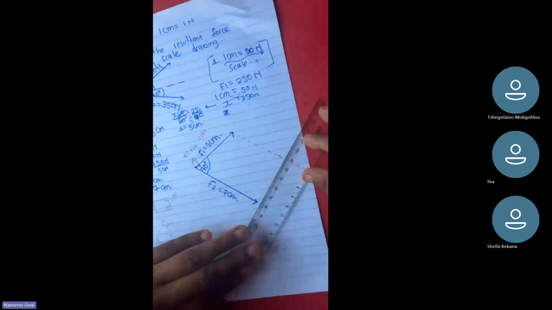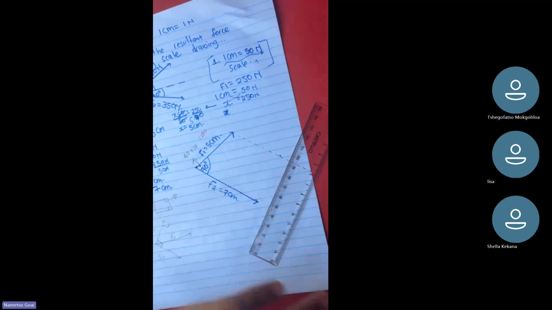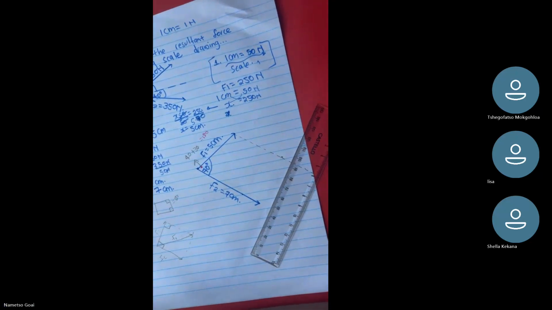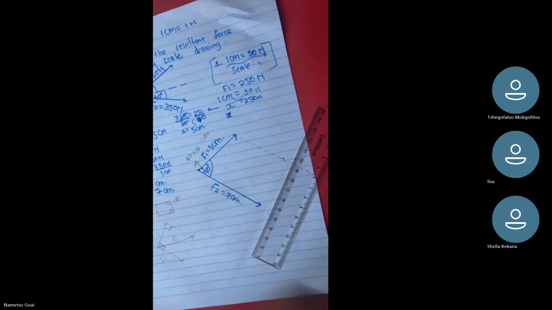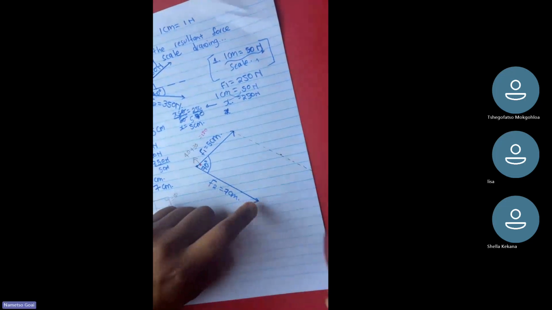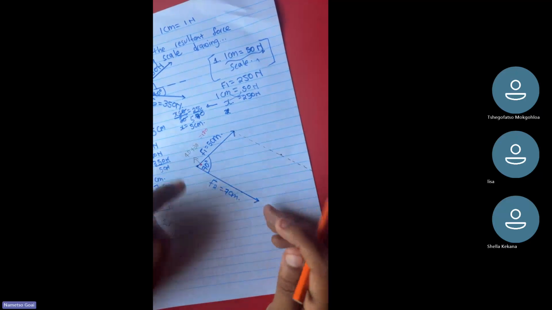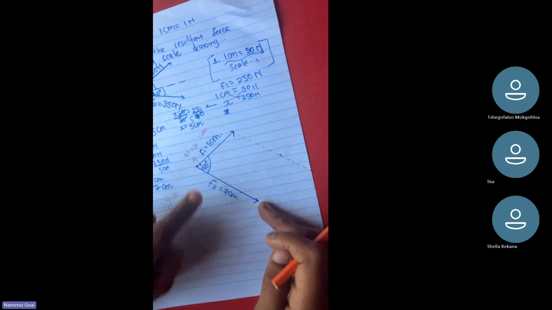And then from here as well, you'd have to measure your 110 because this angle also has to be 110, right? Two opposite angles, they have to add up to 180.